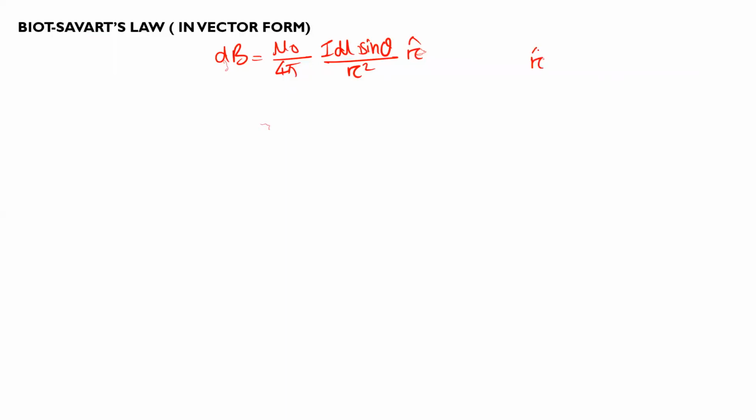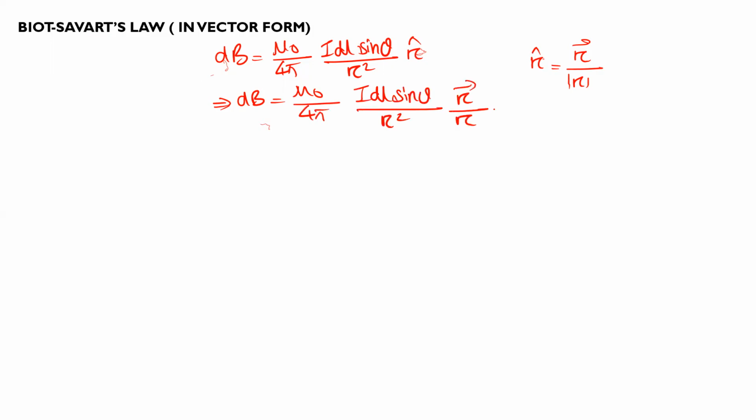We know the unit vector is the vector divided by its magnitude, so we just put the value here: dB equals mu naught by 4 pi Idl sine theta by r square, times the vector r divided by r. So dB equals mu naught by 4 pi Idl sine theta, and r square and r are multiplied, giving r cube, times the vector r.